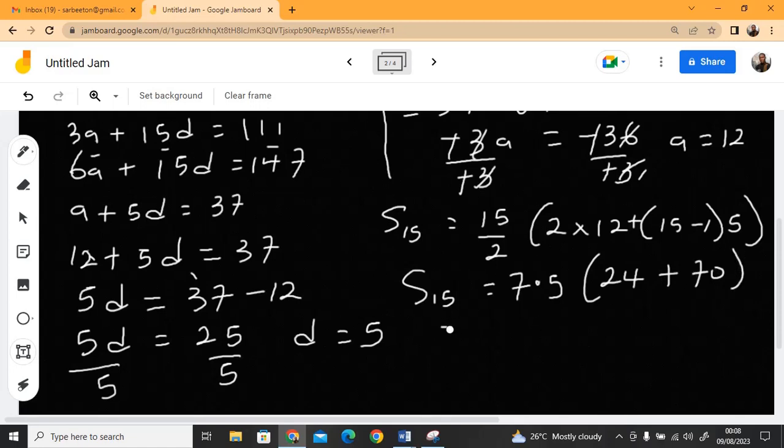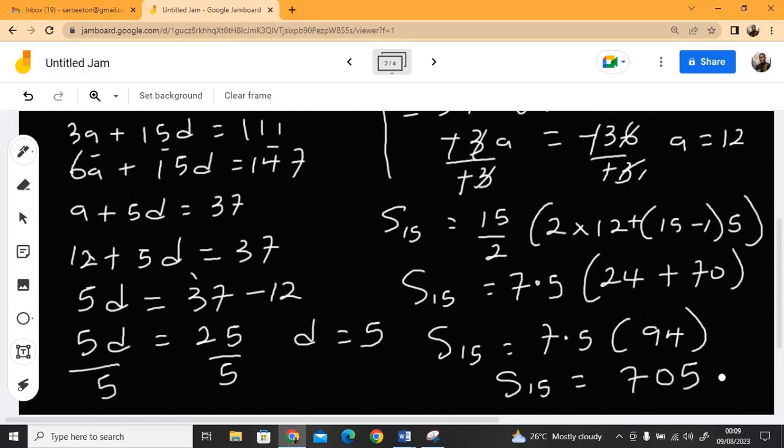So S15, the sum of the first 15 terms, will be 7.5 times 24 plus 70. 24 plus 70 should give me 94. So when you multiply, my S15 is 7.5 times 94, that is 705. So this is your final answer.